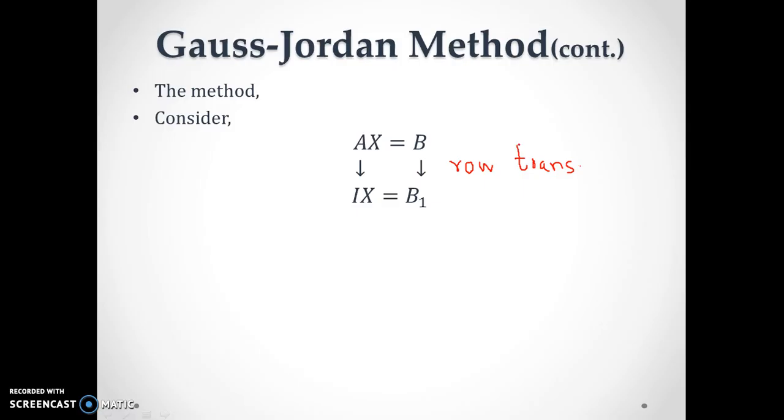So when we apply row transformations on A, we are supposed to convert A to I, and the simultaneous row transformations will also be applied on B. So when we do this procedure, we transform A to I and we transform B to some matrix, say B1.